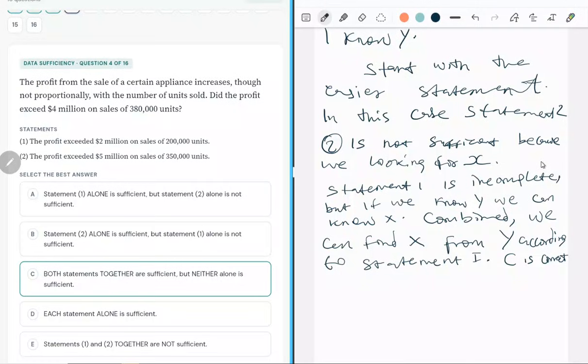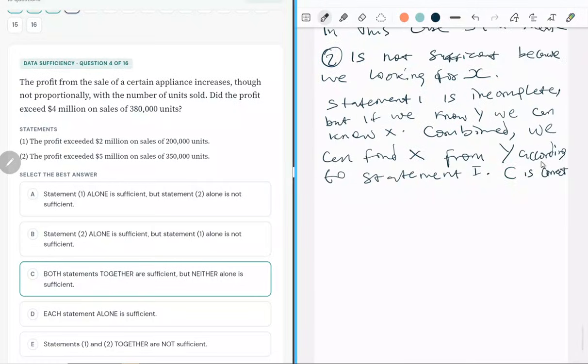The most important thing is that it's increasing, right? It's increasing, but it's not proportional. The problem is the profit exceeds 2 million on a sale of 200 units.